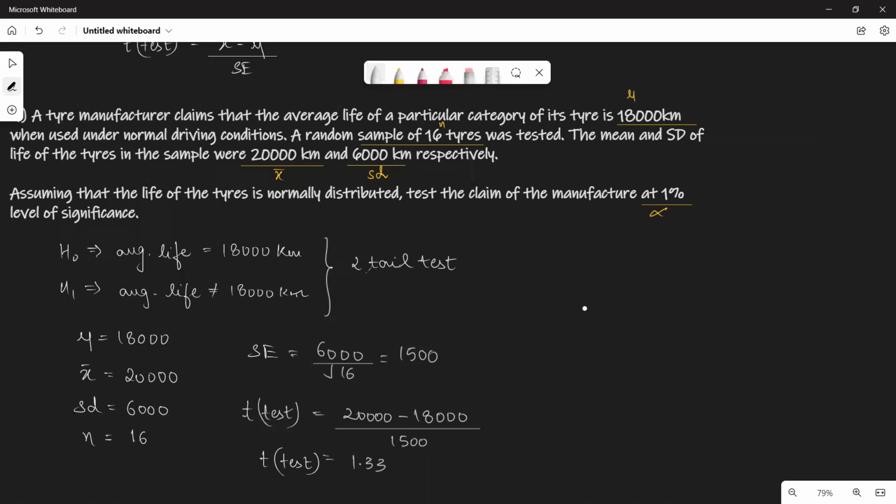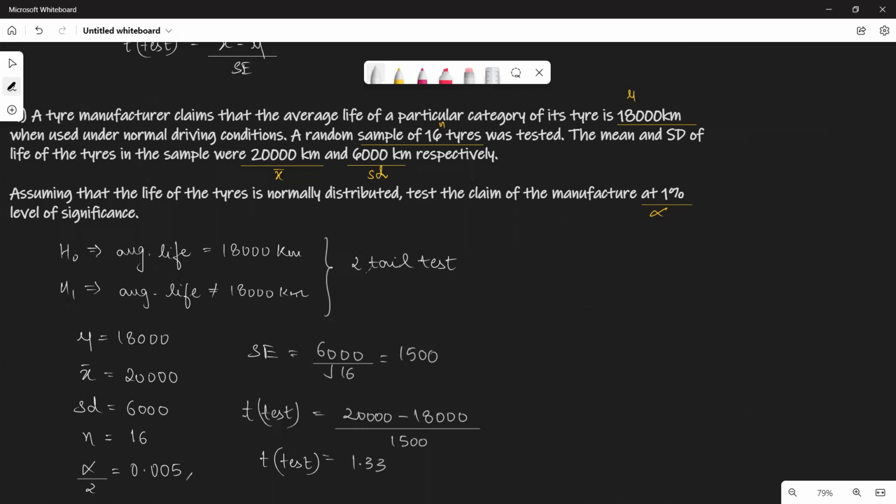Now, because it is a two-tailed test, we will take the alpha by 2 value. Alpha is 1%, that means 0.01, so 0.01 divided by 2 is 0.005.